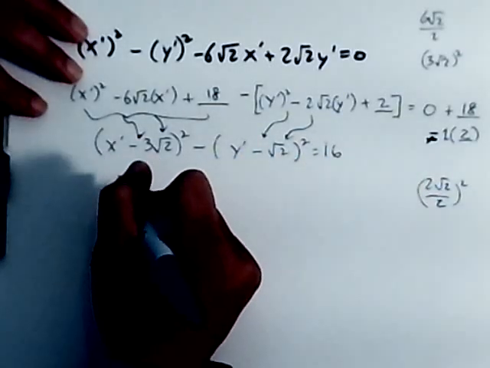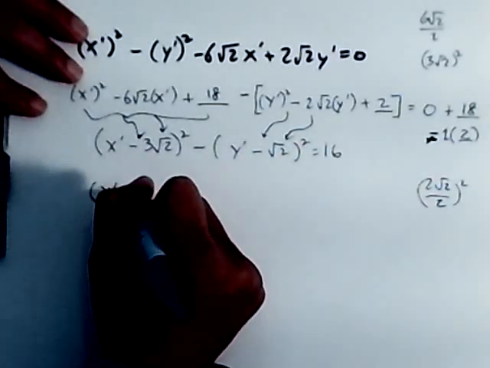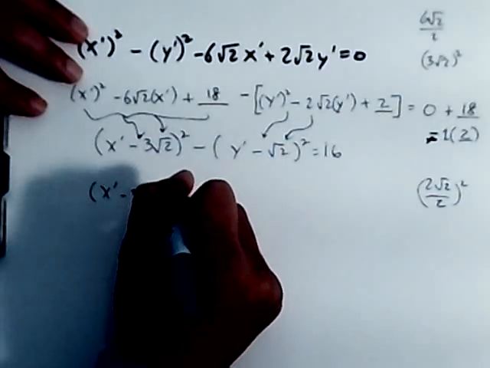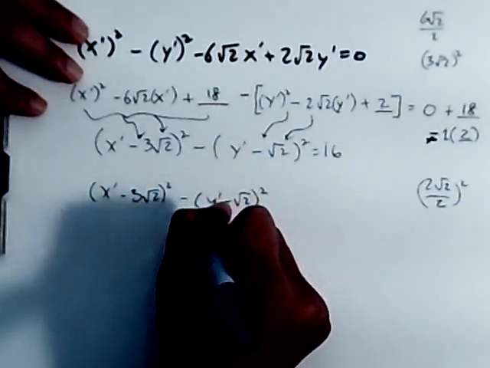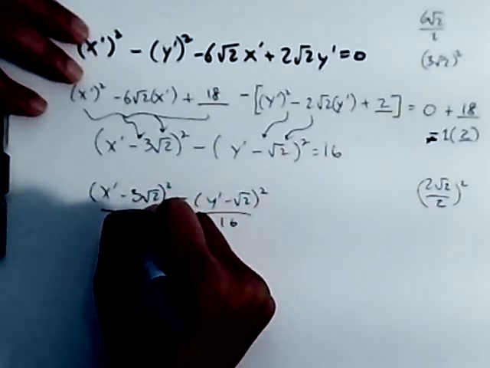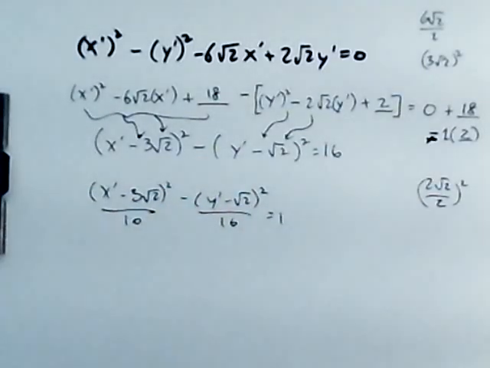And then I divide by 16 to both sides. X prime minus 3 root 2 quantity squared minus y prime minus root 2 quantity squared over 16 is equal to 1. There you have it.